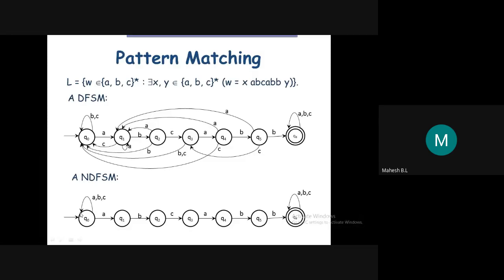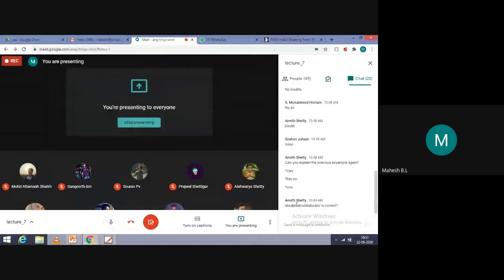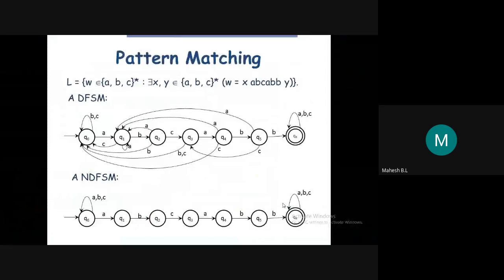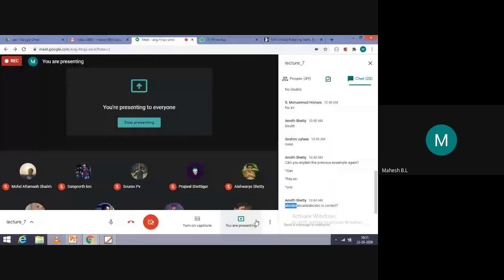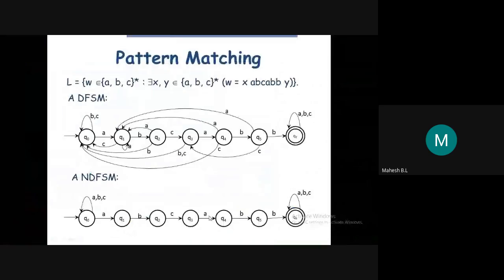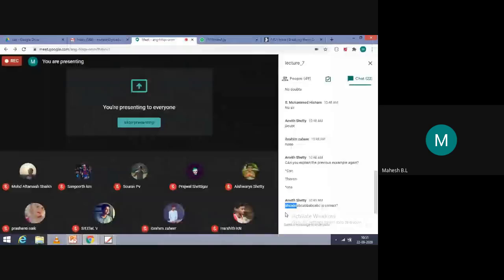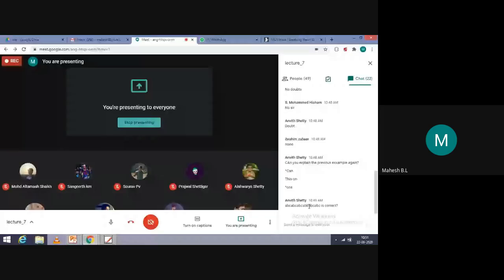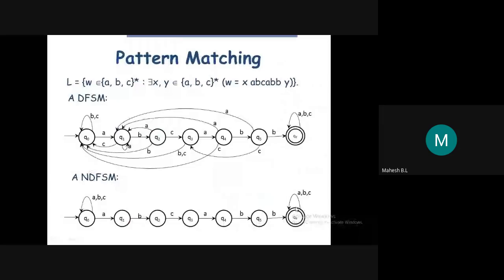So you guess that the first two abc's should be processed by the self loop, because the first a can be processed either by this or by this. But you guess that the first a has to be processed by the self loop. Then for abc, you follow this path. You reach Q6. Then at the end you have abc once again. That is processed by this self loop. That means after processing the entire string, you are in Q6, which is the accepting state.